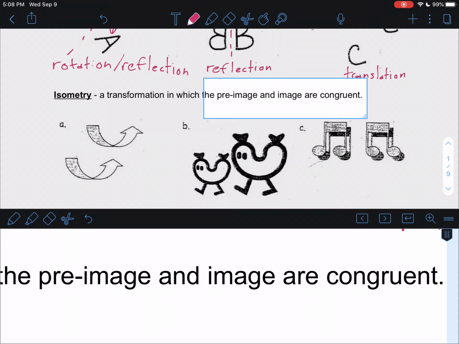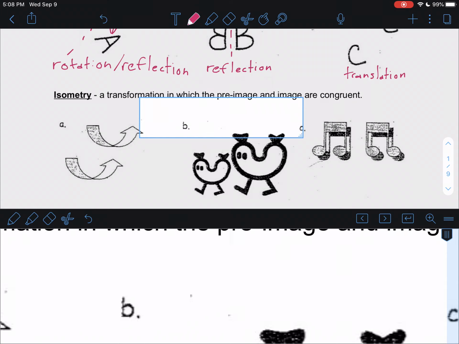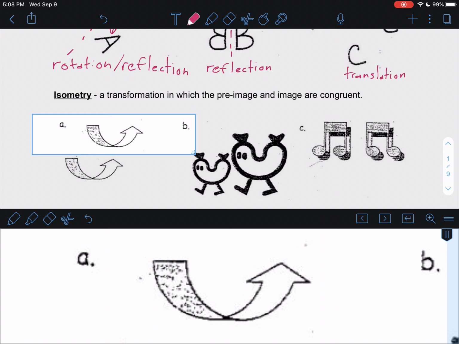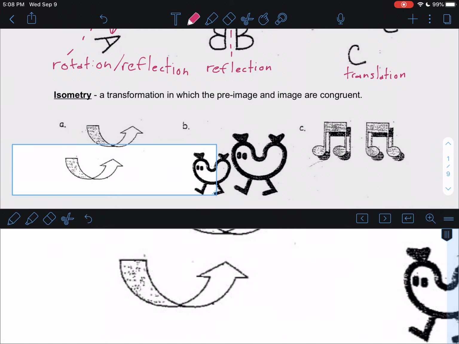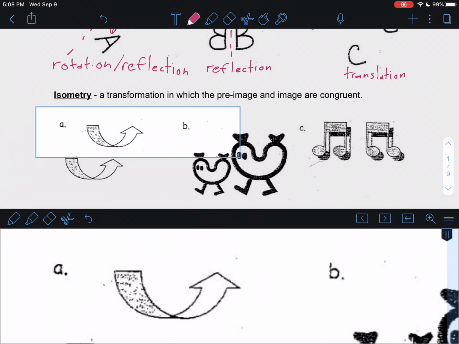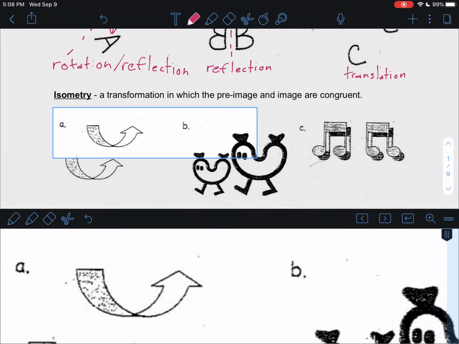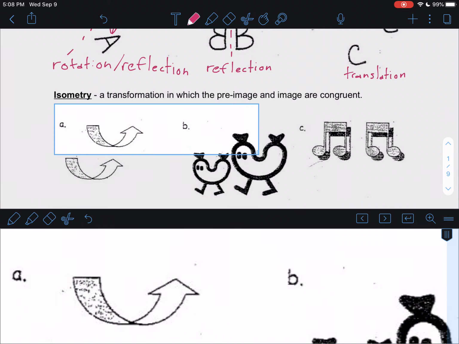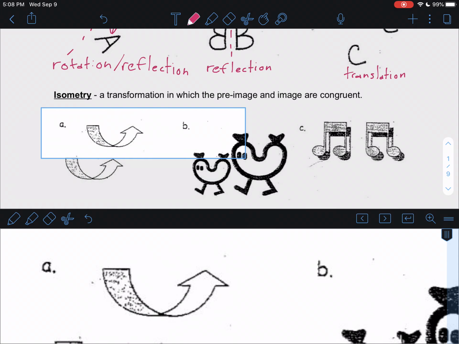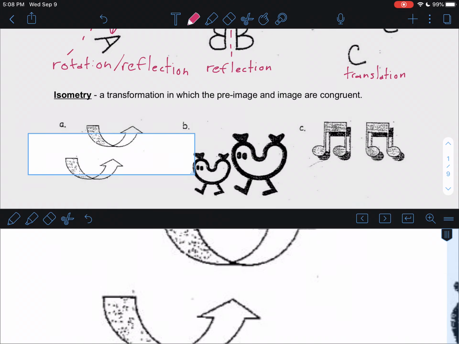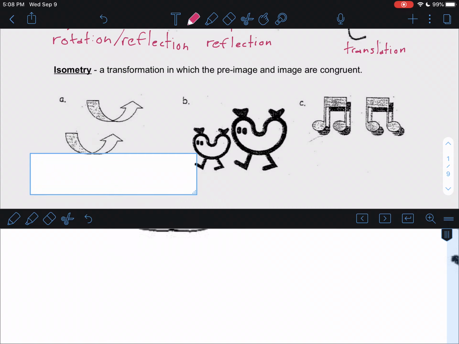They're still going to measure the same. So looking at these examples here, we have this arrow is mapped onto this arrow, or maybe it's the other way around. And it looks like it was just a translation. It looks like it just shifted up. And I would say that those are the same size. It's the same shape. So this is isometric.